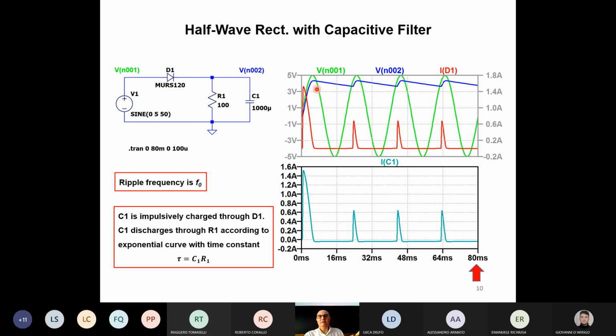We remember that we have a variation, a pulse of current, a pulse of voltage, every input cycle, because only the positive half wave gives a contribution to charging the capacitor. So, for instance, here I have 4 ripple periods in 80 milliseconds. That's why I placed this arrow here. In the next picture, this number will be 40. Now we'll see.